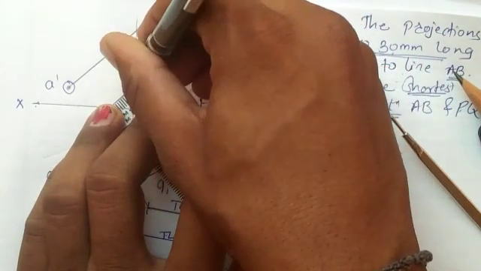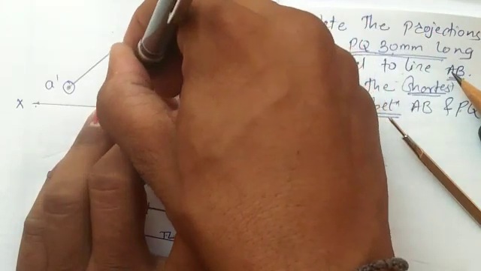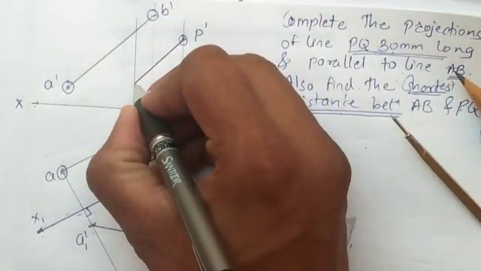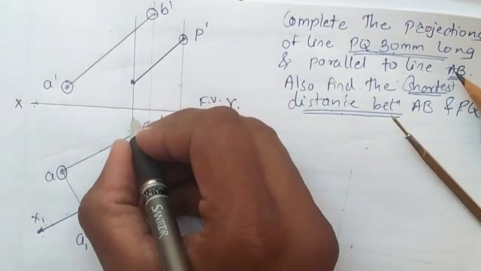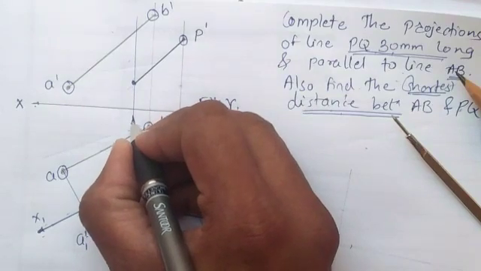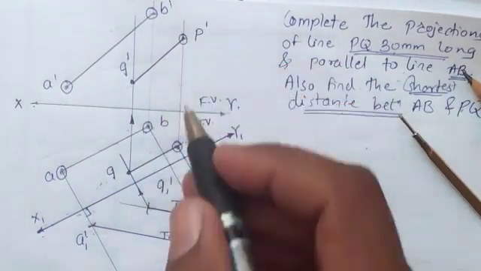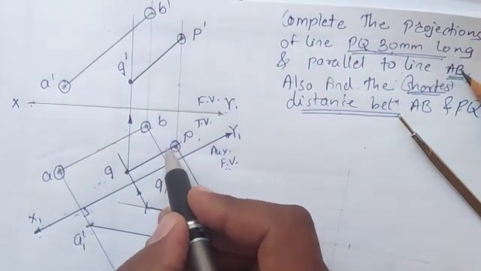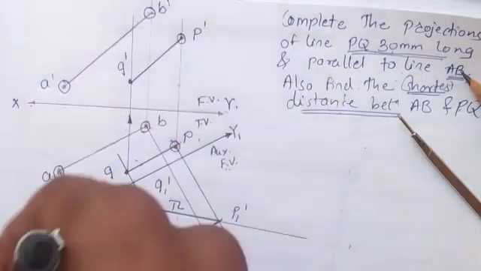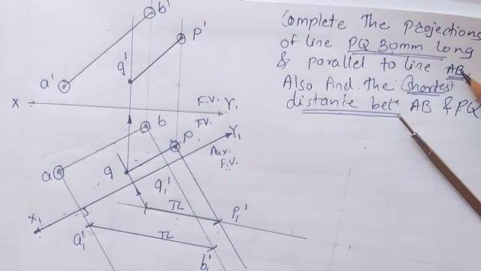So from point P, construct a line parallel to line AB. Wherever it cuts the projector of Q, here we will locate Q dash. So this is PQ's front view, this is PQ's top view. So much of the problem is covered.